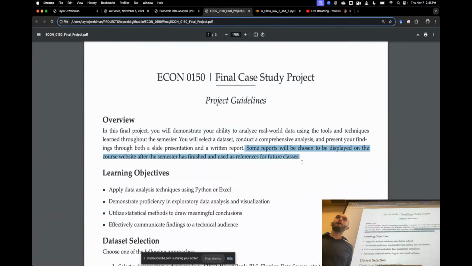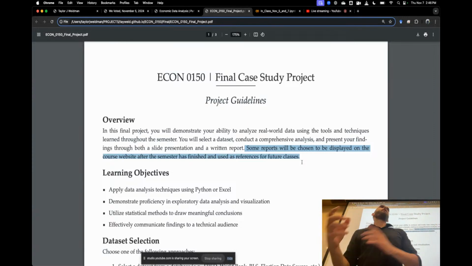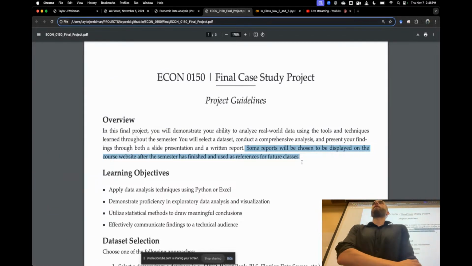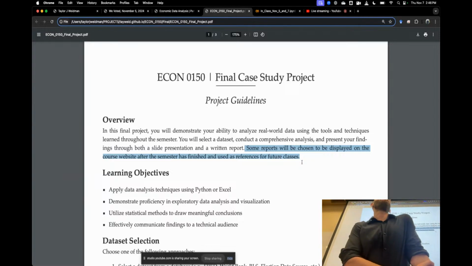I want the skills you leave this class with to be focused around communicating with data. So a final project is a better assessment type for the skills you'll use as a data analyst. So yeah, no final. Any other questions?